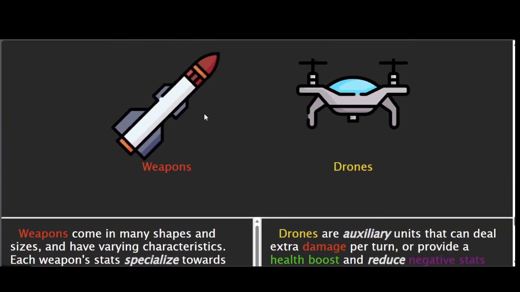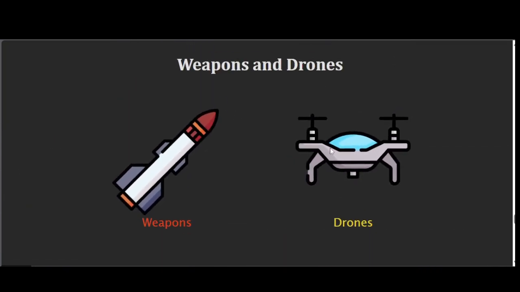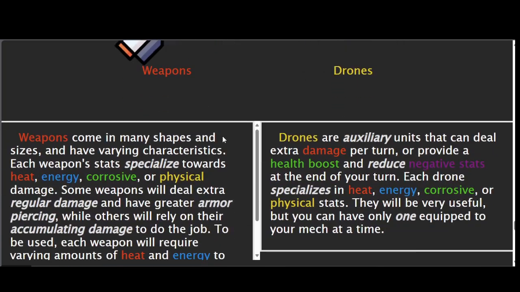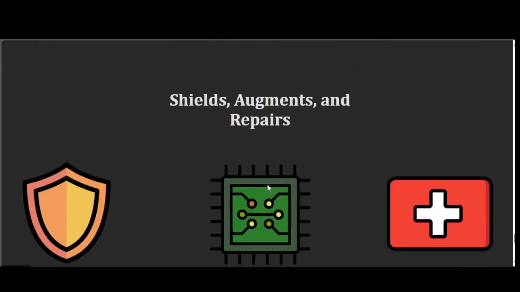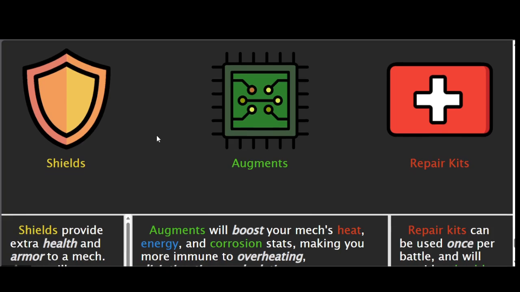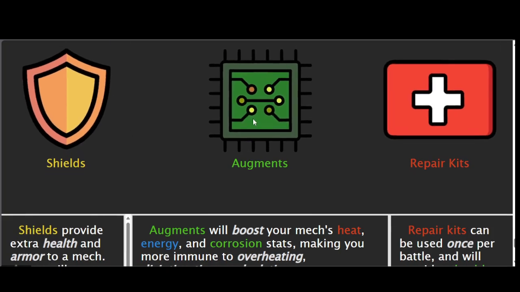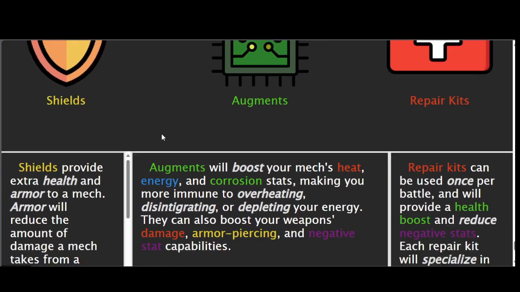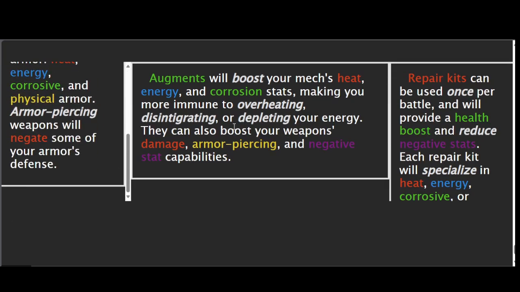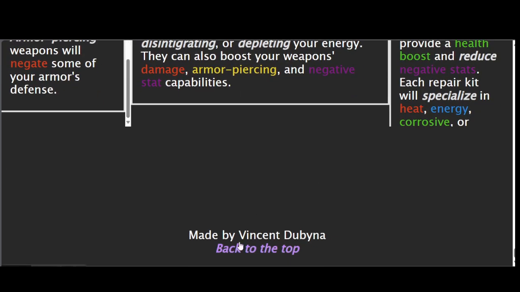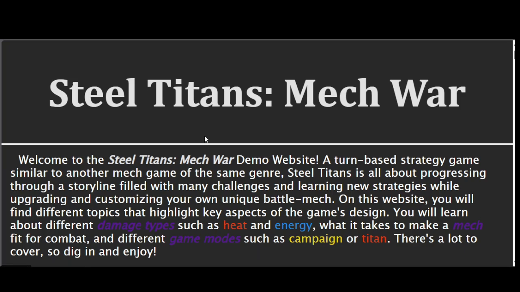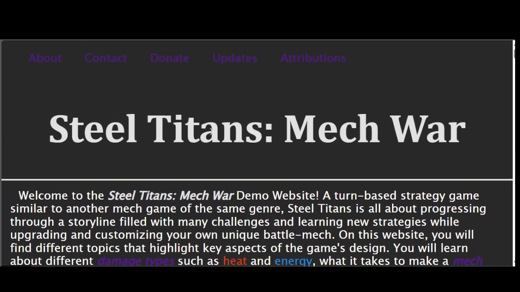So these are the damage dealing components of a mech. So yeah. And then we've got shields, augments, and repair kits. And this is what they look like for now. And more information. And at the bottom it says made by Vince Dubina, and you have a link to go back to the top. So that's the basic design for the website.